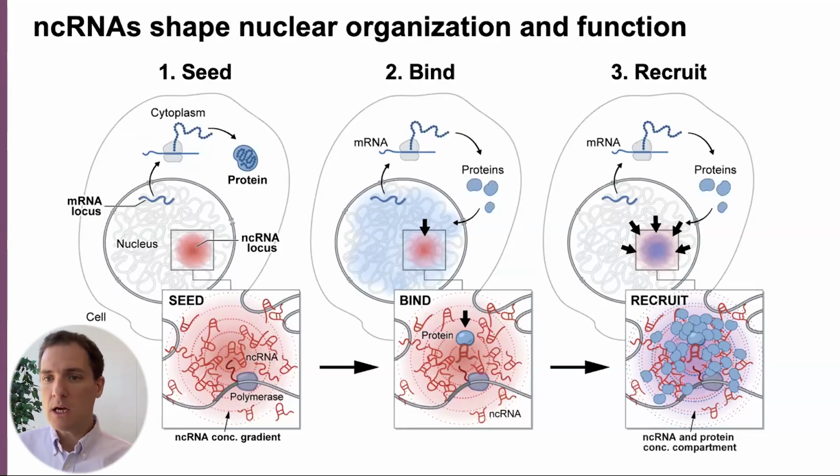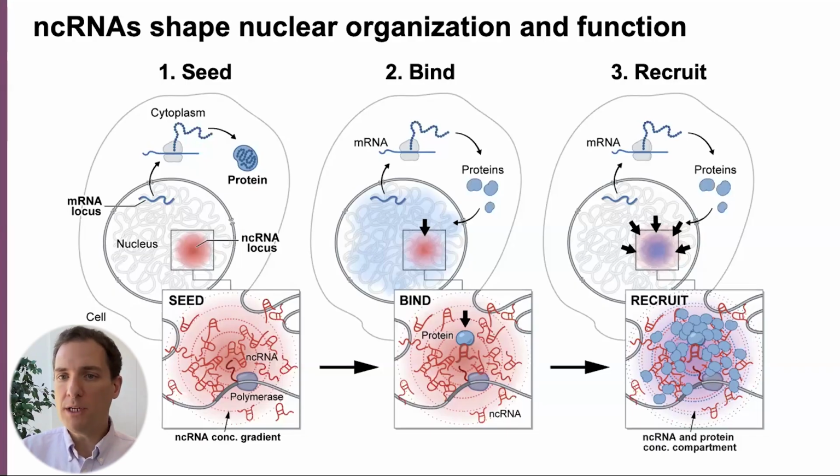Now, of course, this is not just a feature of non-coding RNAs. Messenger RNAs are also made in the nucleus and can therefore form high local concentrations within the nucleus. The distinction is that messenger RNAs are generally functional through their encoded protein, and so they are generally exported from the nucleus into the cytoplasm, where they need to engage ribosomes and be translated into protein.